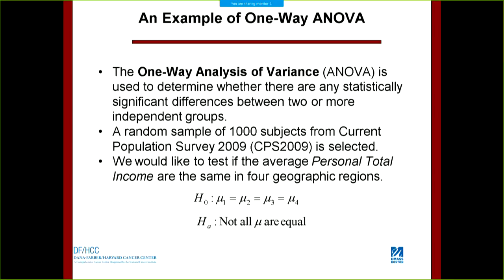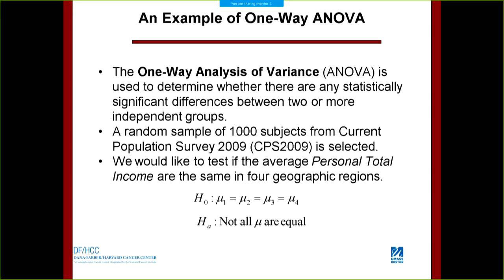I will give an example based on a sample of real data, the Current Population Survey of 2009. I made a random sample of 100 observations out of the huge population, and then input the data into SPSS and SAS to do some statistical tests.